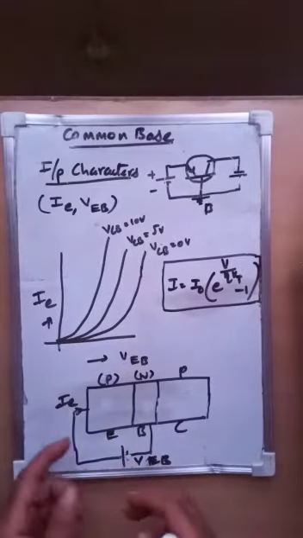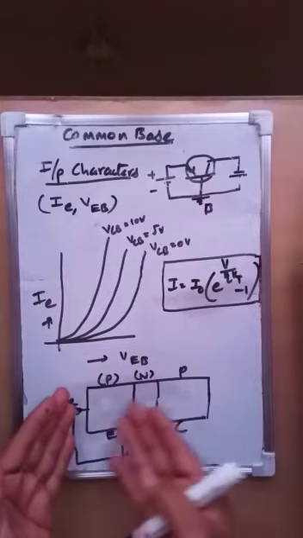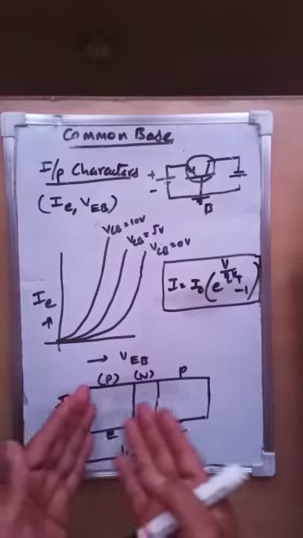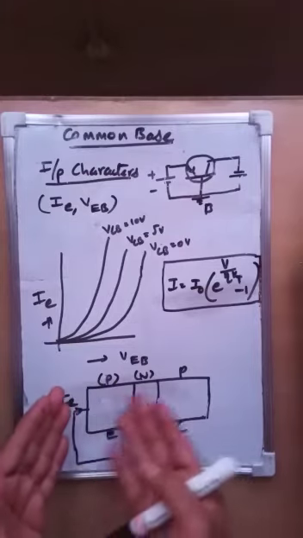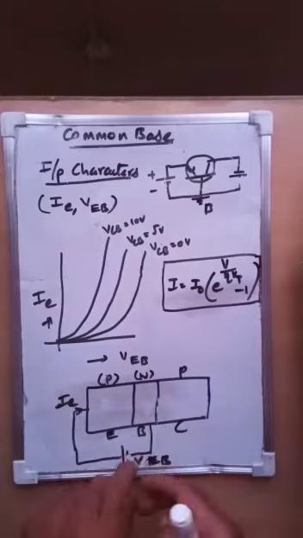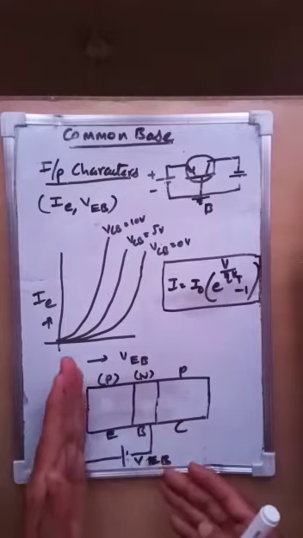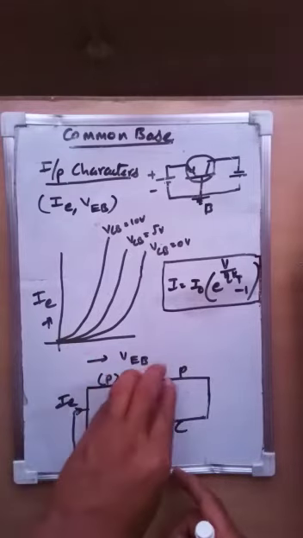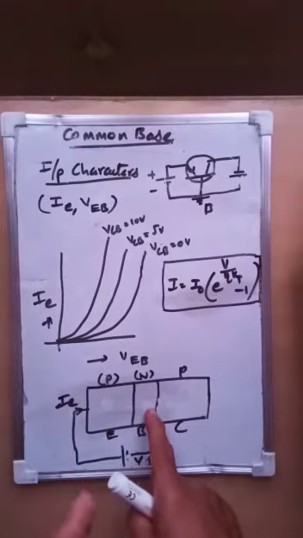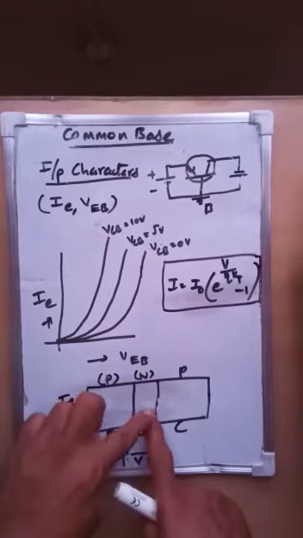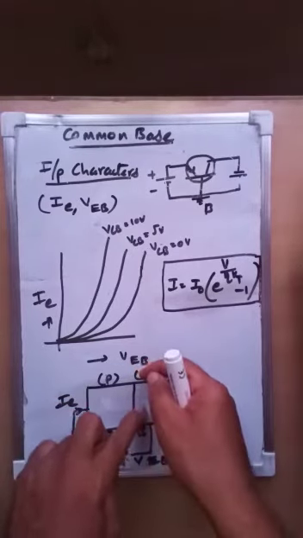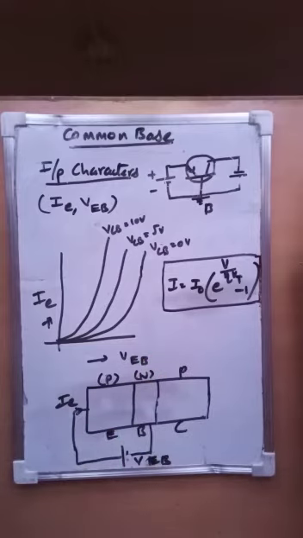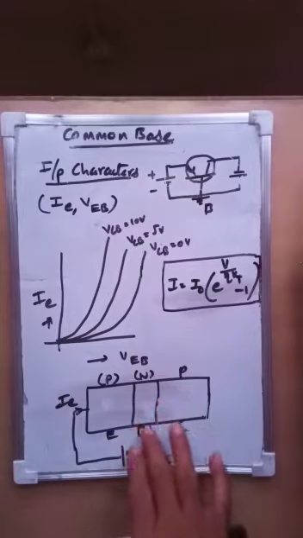As the voltage is applied, the holes move first: the first hole, second hole, third, fourth, fifth, gradually all 20 move slowly into the N region and stay there for some time. The 5 electrons, the majority carriers of the base, recombine with the holes coming from the emitter. So the 5 electrons are neutralized and 15 holes are available here.